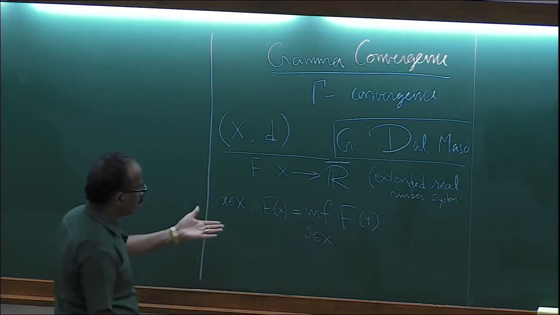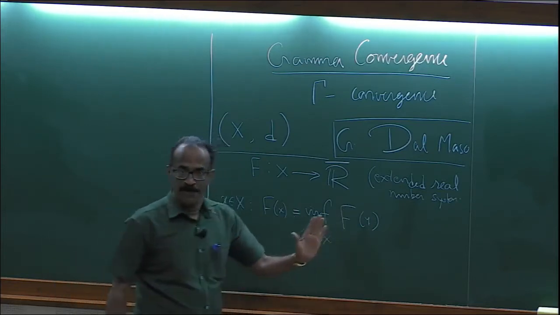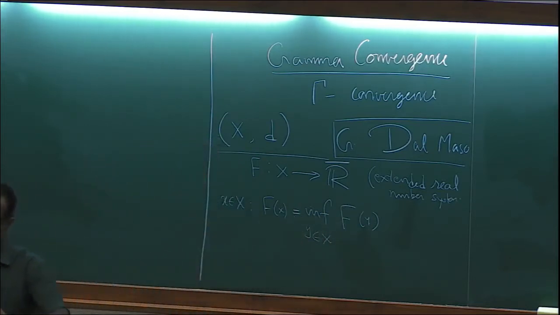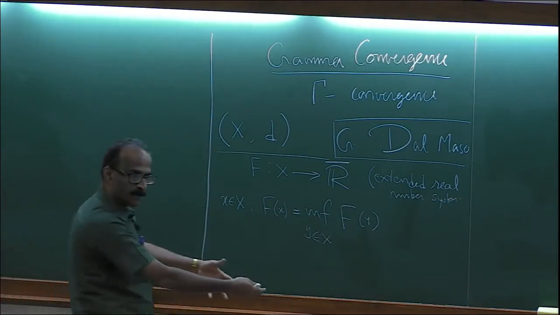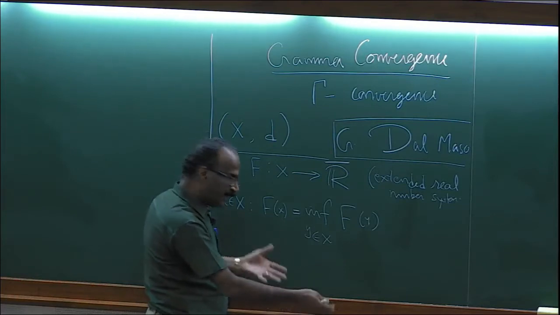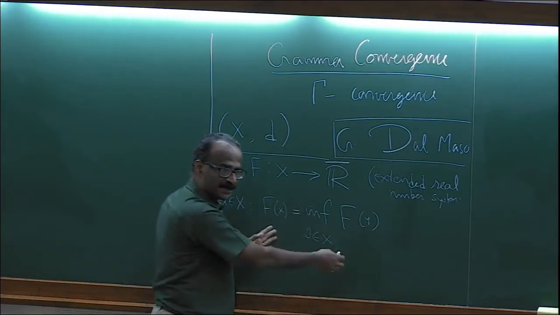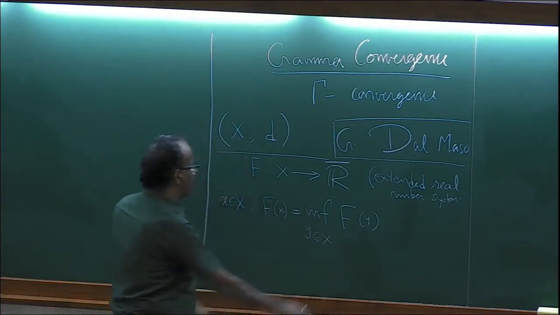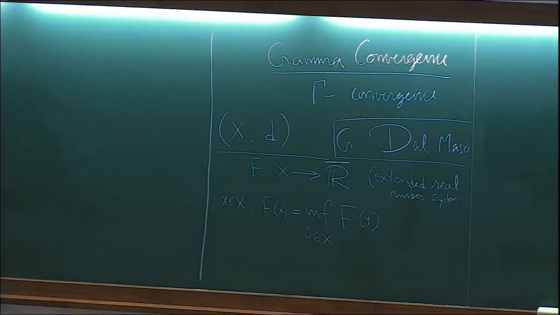So the infimum can be replaced by a minimum when there is a solution. So when you say that my minimization problem f has a solution, it means that there is an x satisfying that. So that's a point you want to understand. Okay, so the problem is clear.